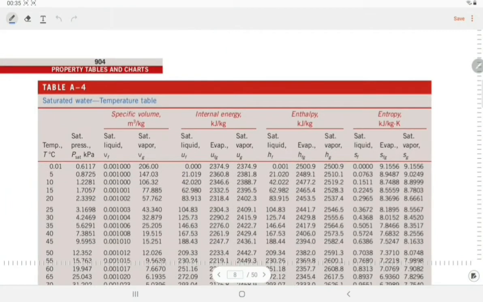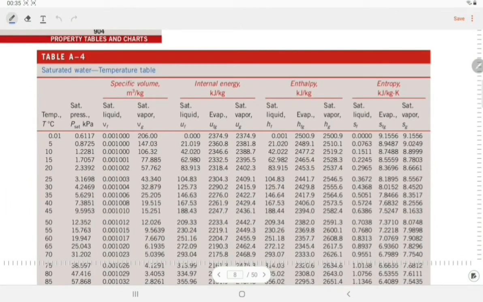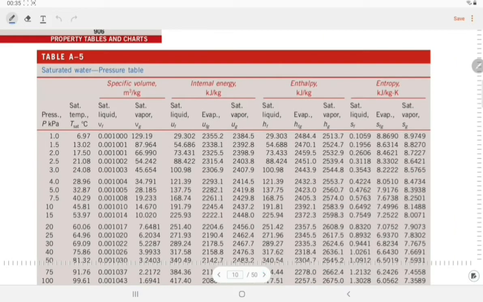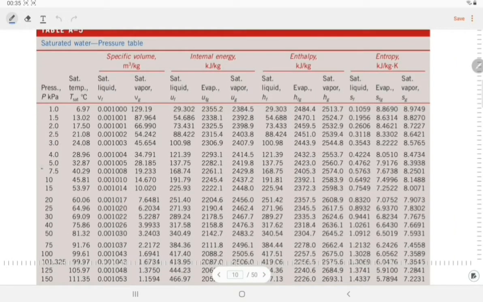Looking at table A4 for the mixture, we find the table of pressure. For 5 kilopascal, these are the properties. I am interested in HF, which is here, 137.75.